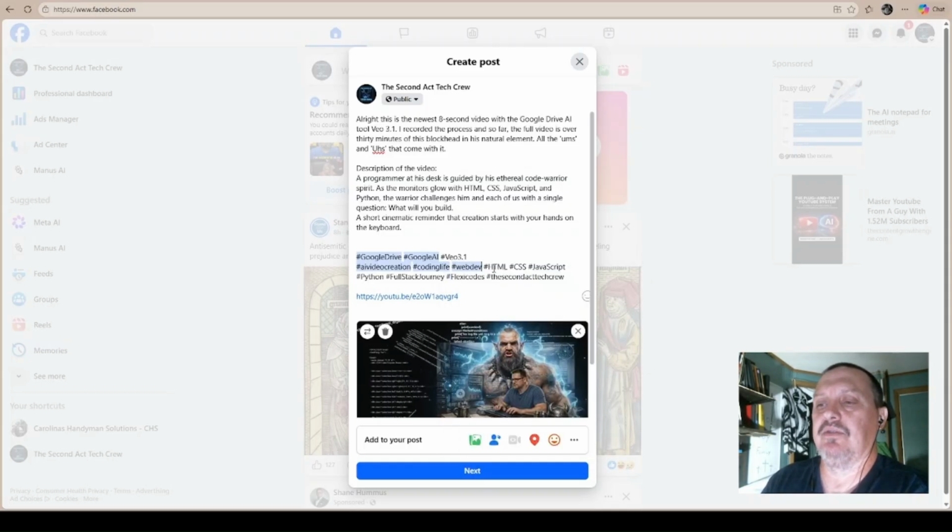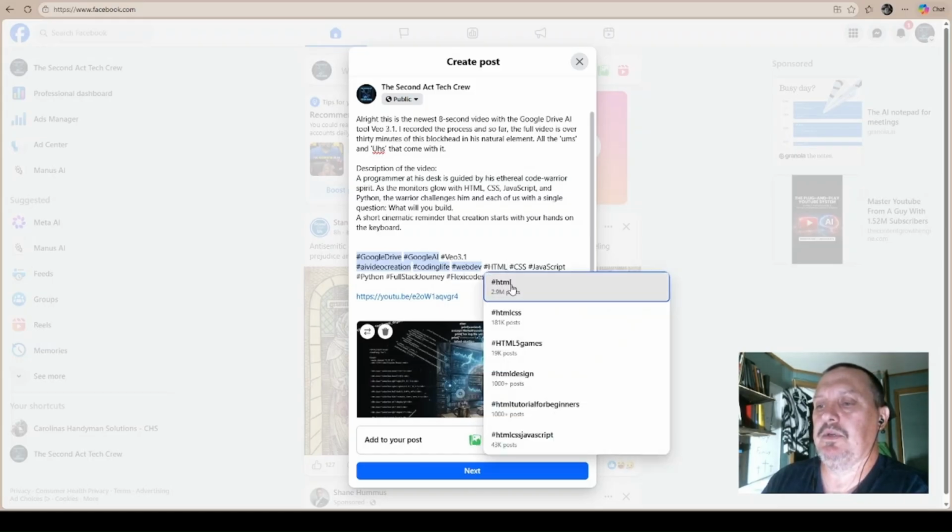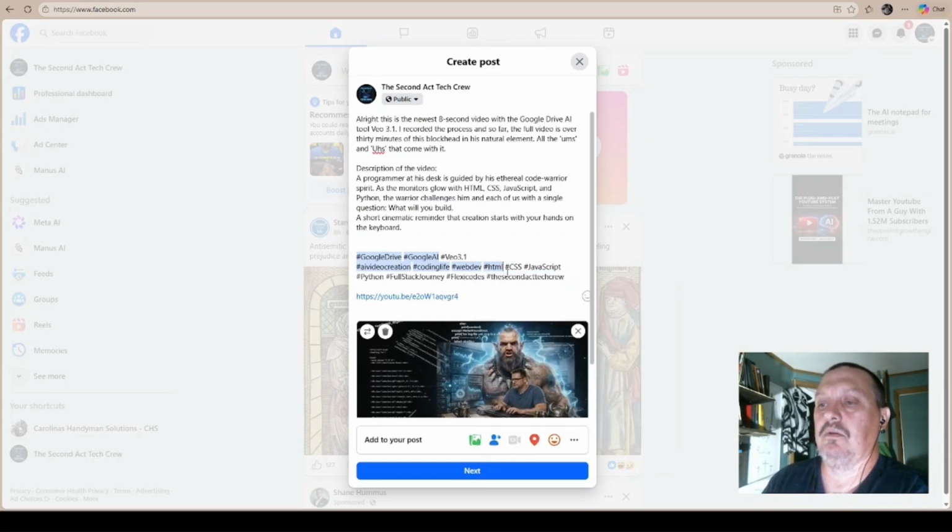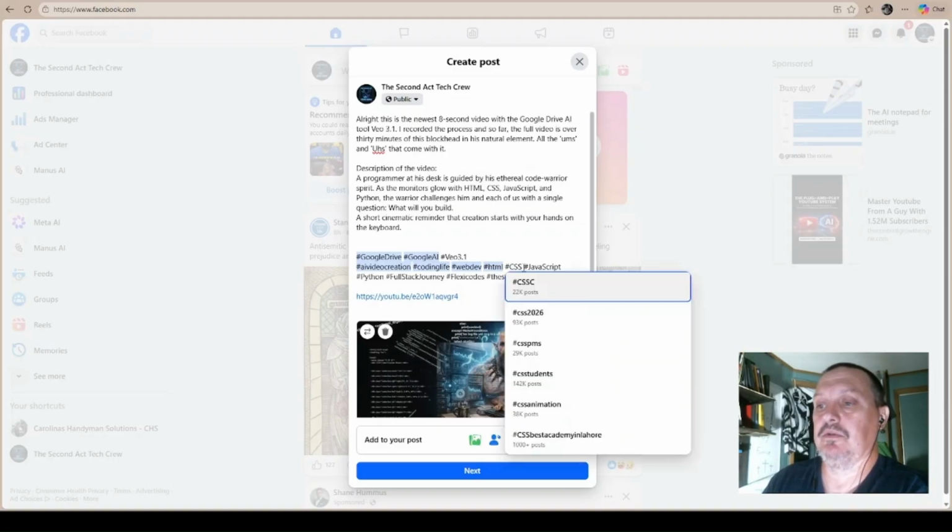Let's see if we can lift that web dev up just a little bit. And HTML, CSS. No, we'll stick with the straight HTML, CSS. What is that? CSS Best Academy Lahore. Okay.